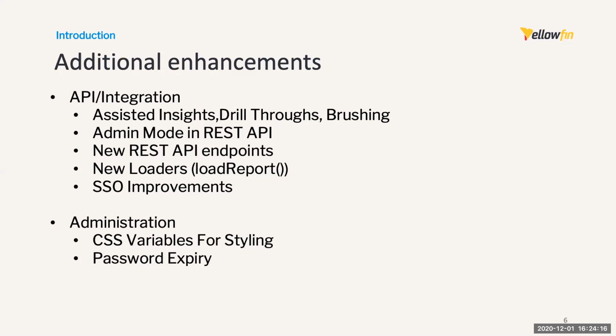Just covering a couple of other administration items. If there are users who have been restyling, rebranding, white labeling Yellowfin using the CSS, so going into the style sheets and being able to really in fine detail define colors, styles, fonts, all of that, we've made that a little bit easier for you now. What we've done with Yellowfin is built in variables within the style sheets.